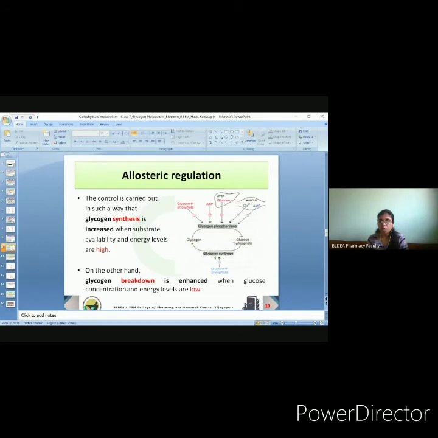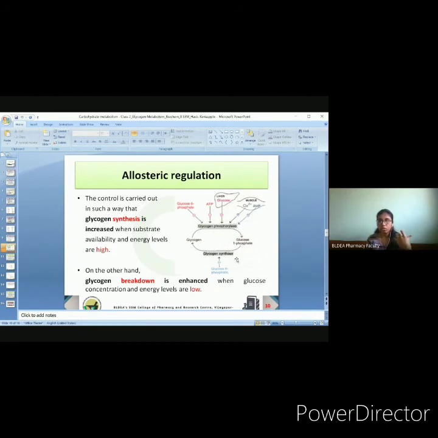So how is the glycogen synthase enzyme regulated? You can see the conversion of glucose 1-phosphate into glycogen. Now you are synthesizing glycogen. So how is the synthetic pathway regulated? This takes place by the enzyme glycogen synthase. These glycogen synthase molecules will be activated. The plus sign indicates activation with the help of glucose 6-phosphate, because a high concentration of glucose is present, which is converted into glucose 6-phosphate.